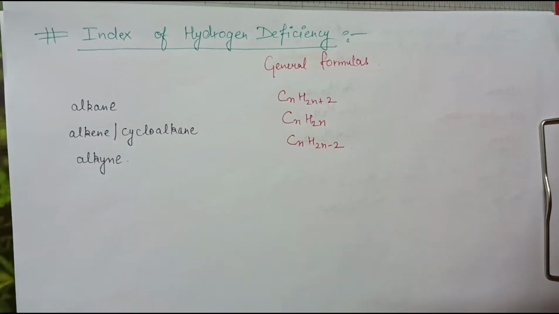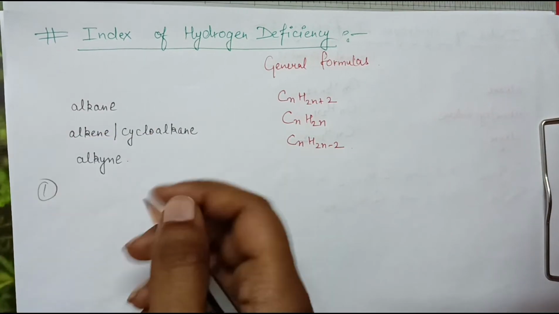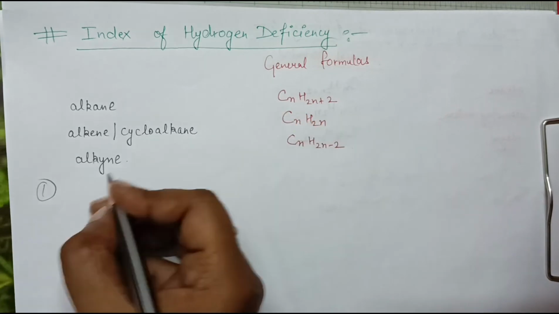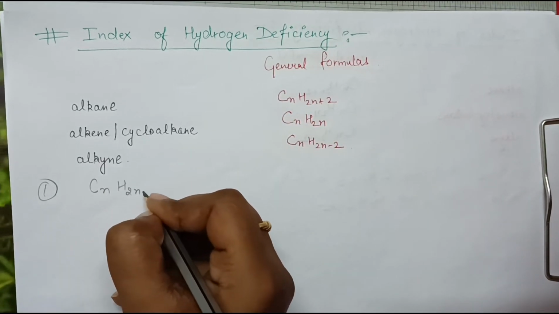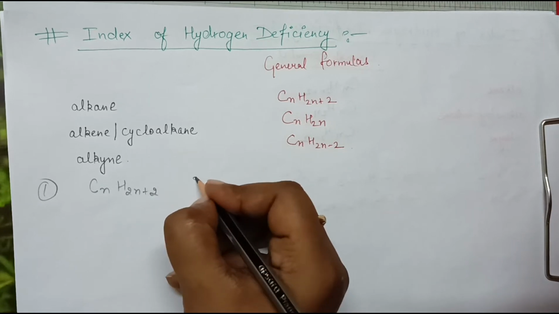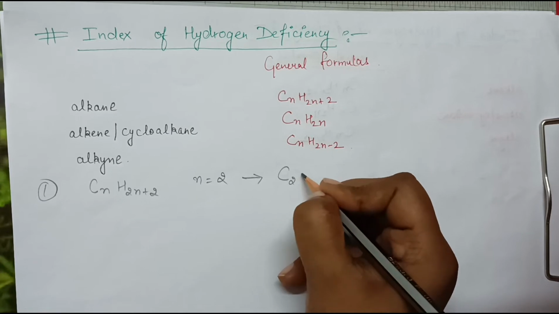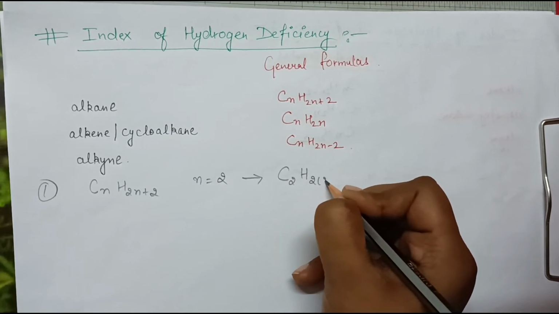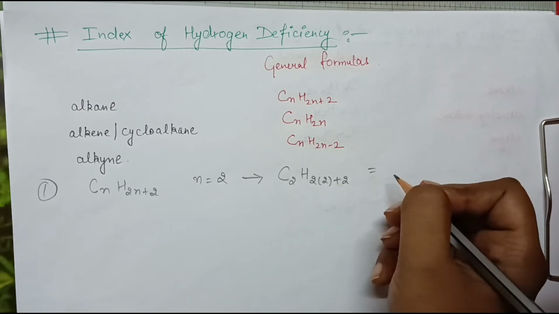If we try to understand these general formulas with the help of examples, we will take n equal to 2 in each of these cases. First, the case of any alkane. We have the general formula CnH2n+2. We substitute n equals 2 and we get C2H(2 into 2 plus 2).